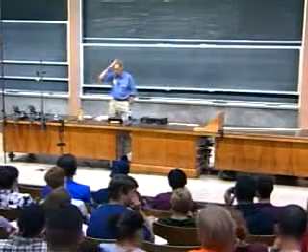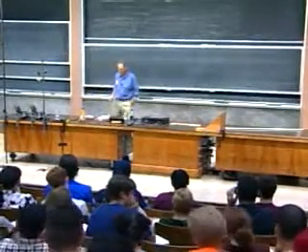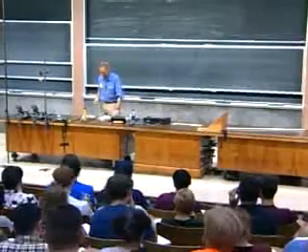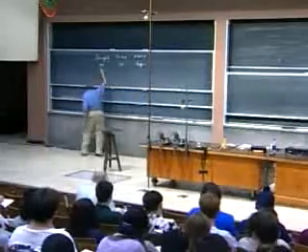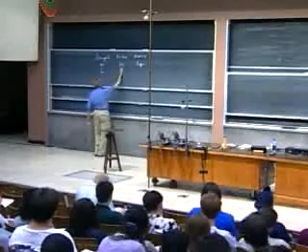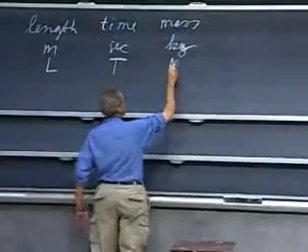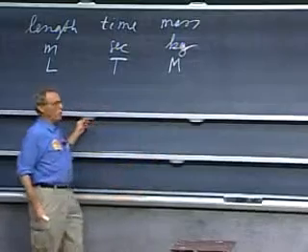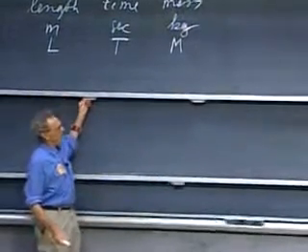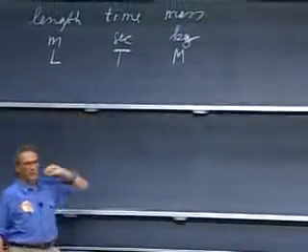I already introduced, as you see, length, time, and mass, and we call these the three fundamental quantities in physics. I will give these the symbol capital L for length, capital T for time, and capital M for mass. All other quantities in physics can be derived from these fundamental quantities.